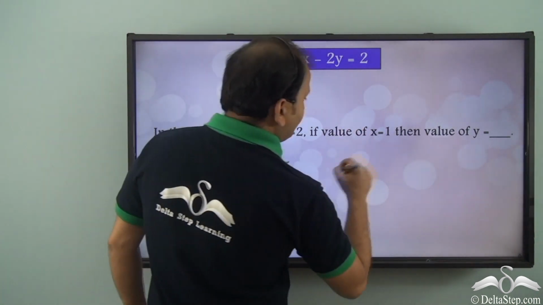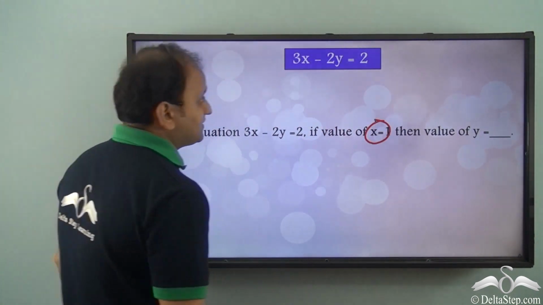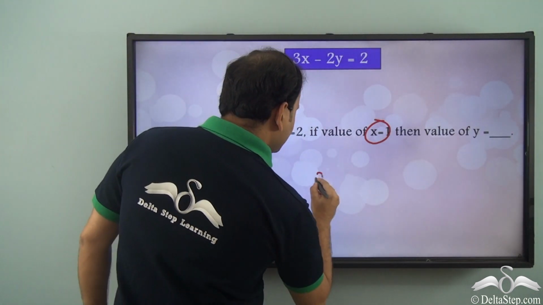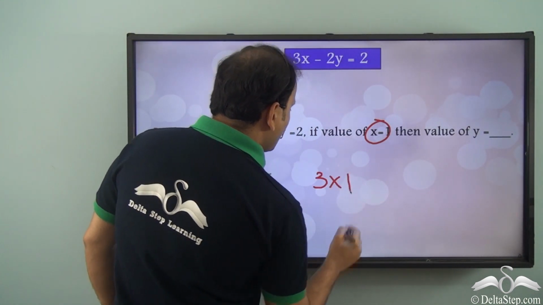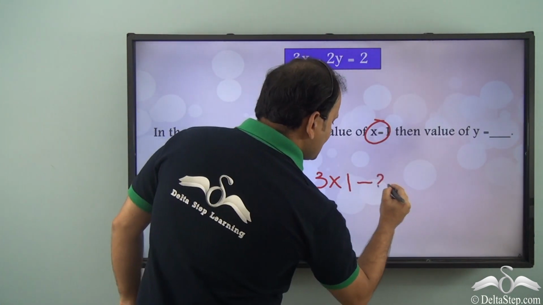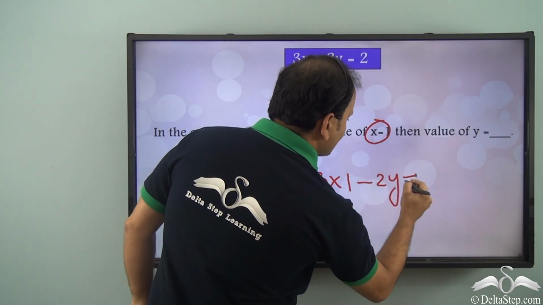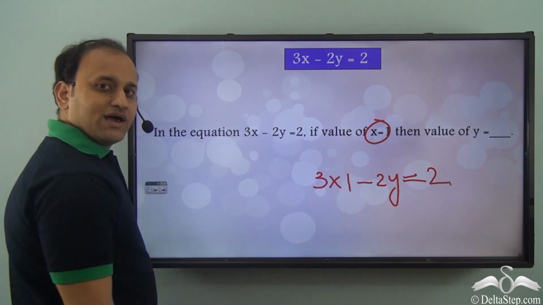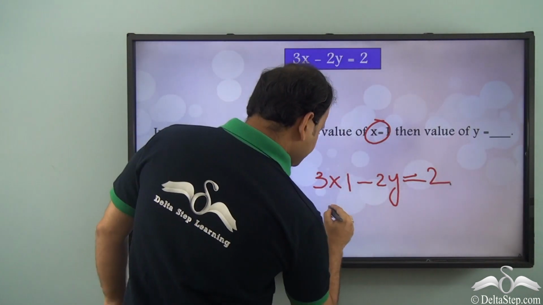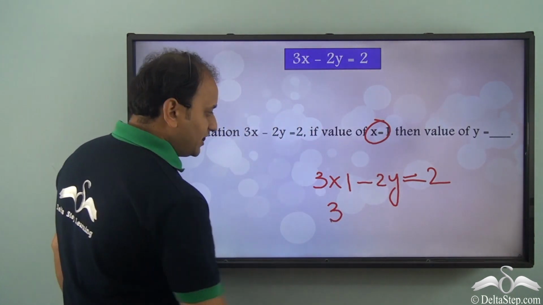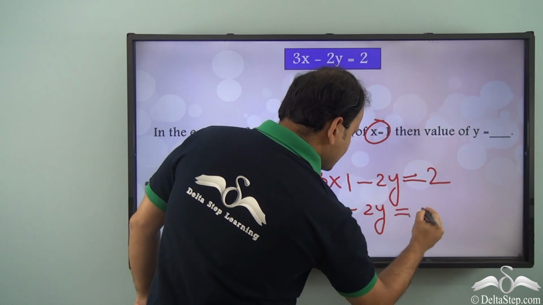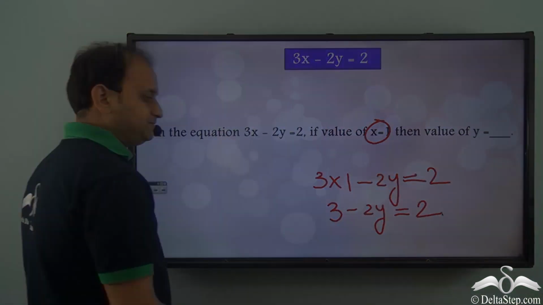We know that the value of x is 1 in this case, right? So if we substitute it in this particular equation, what do we have? 3 into 1 minus 2y is equal to 2. Now 3 into 1 is what? 3, right? So 3 minus 2y is equal to 2.